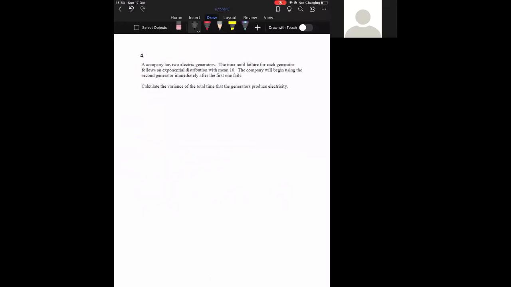So X is the time until failure for the first generator, and Y equals the time until failure for the second generator.